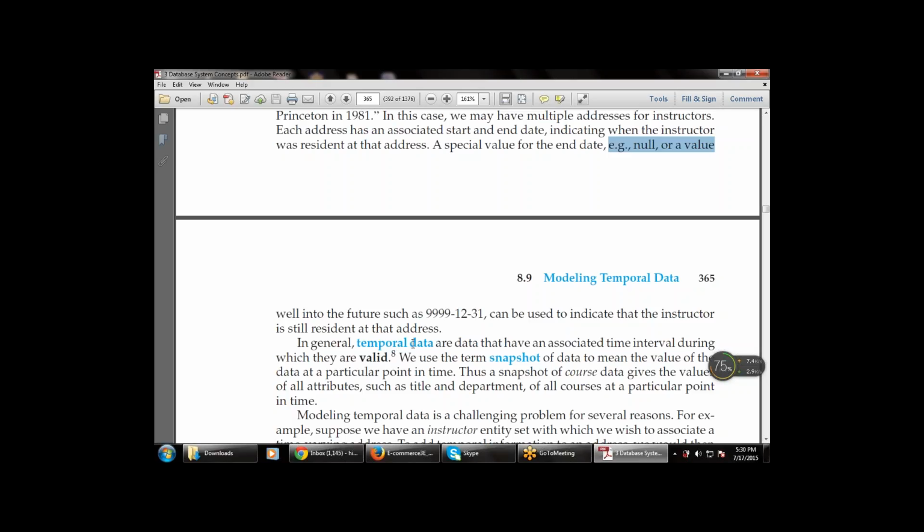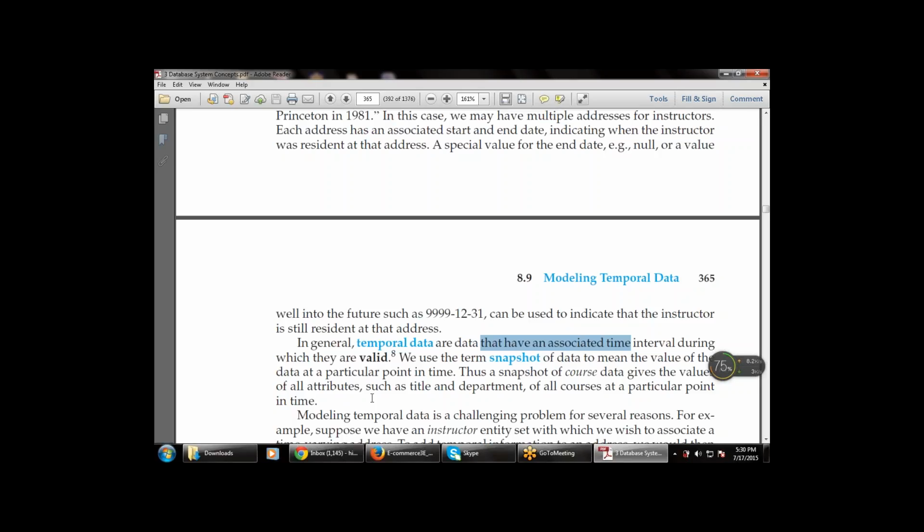In general, temporal data are data that have an associated time interval during which they are valid.